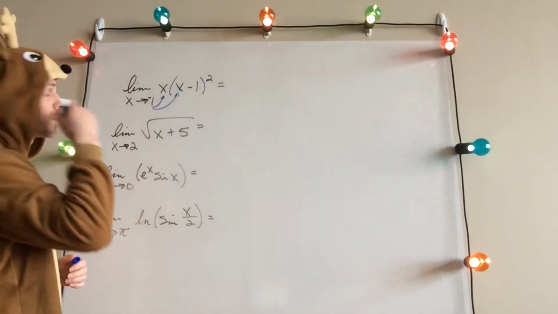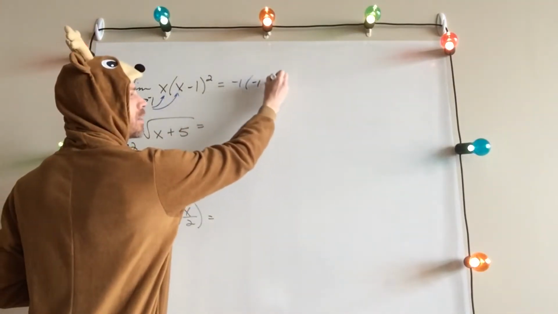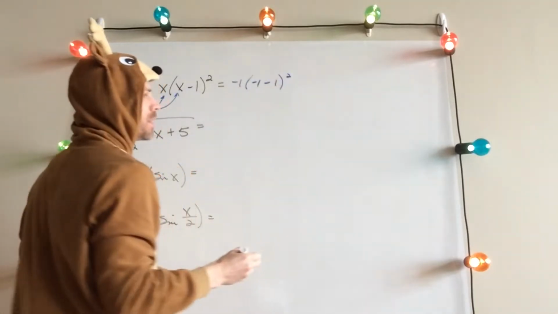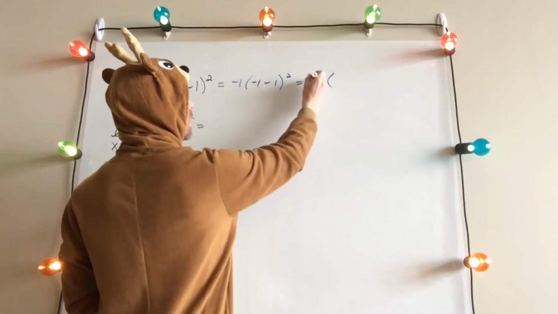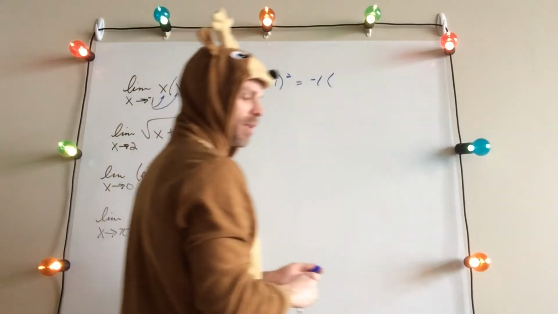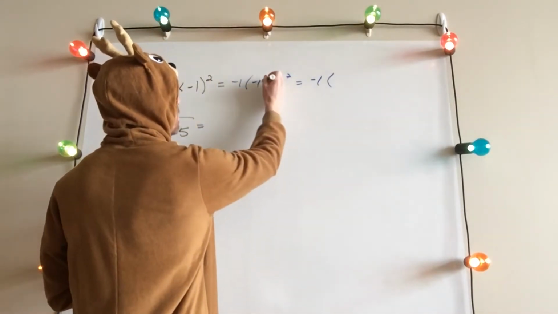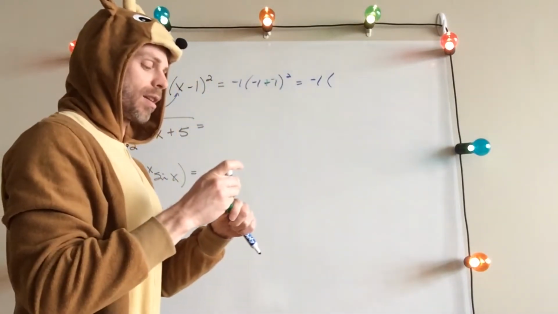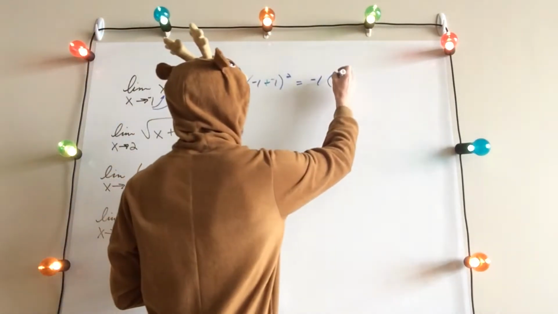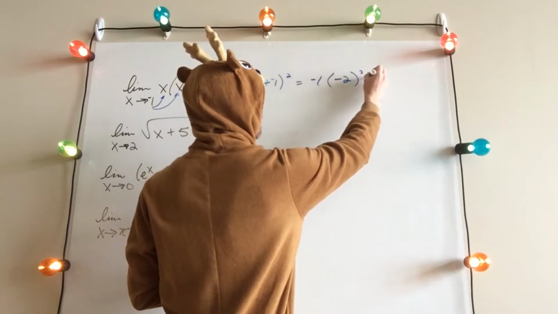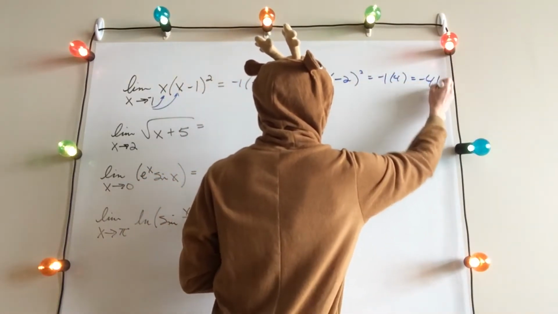So that would give us negative 1, and then inside, negative 1 minus 1, quantity squared, turns into negative 1 outside, negative 1 minus a 1, that's going to become a plus a negative. We get a negative 2 inside, which we're going to square. Negative 1 times 4. We're going to get a negative 4 there.